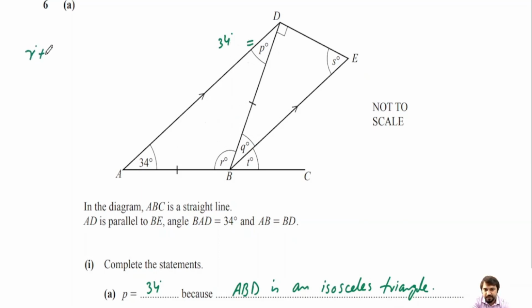R degree plus 34 degree plus 34 degree, that's gonna be equal to 180 degree. Now R is equal to 180 minus 34 and 34, that is 68 degree. Now subtract it, we will have our R. The answer to this one is 112 degree. So value of R is 112 degree.